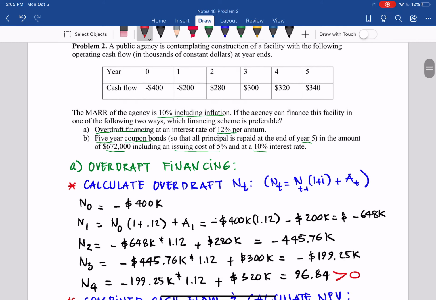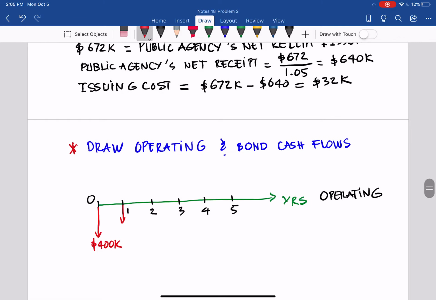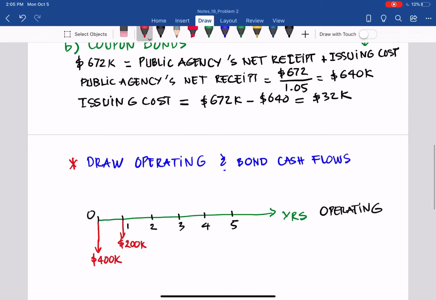Year 1 is still going down 200,000, so basically that is the engineering and construction cost we have to pay. And from year 2, at the end of year 2, we receive the money. It's positive revenue. Like you build a road, then you receive the toll from year 2.